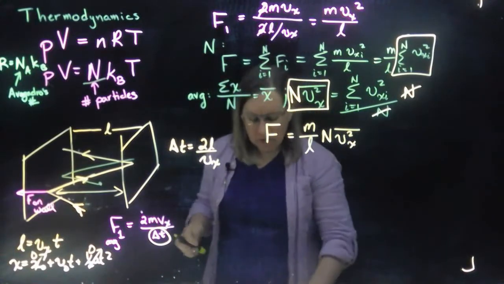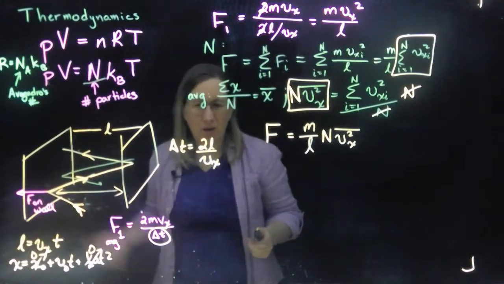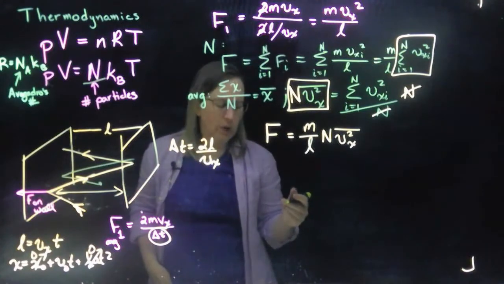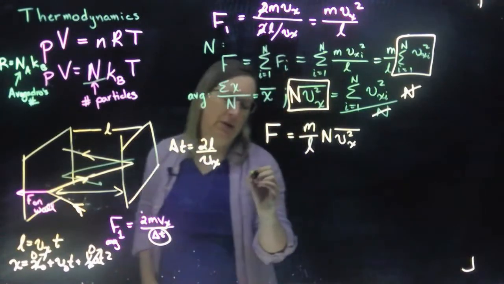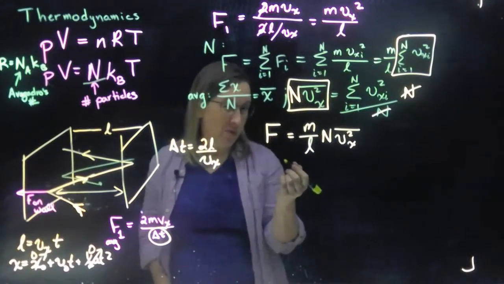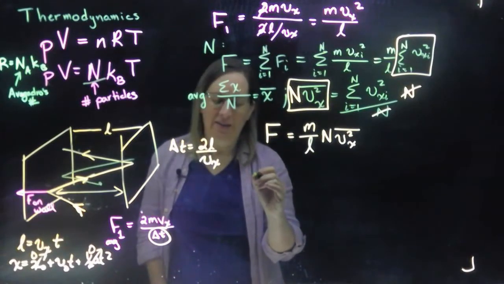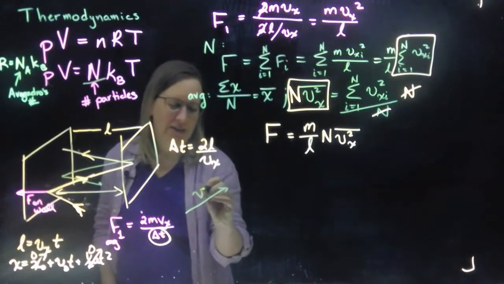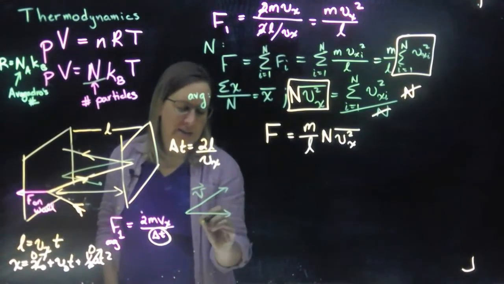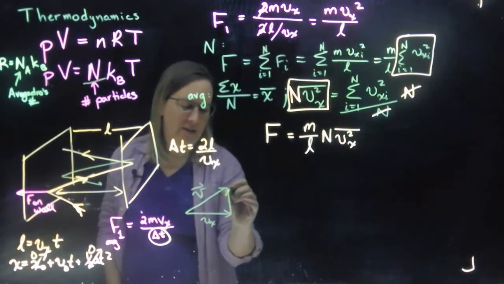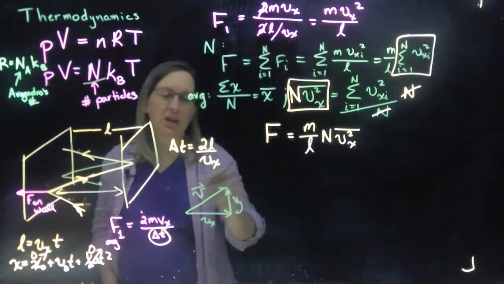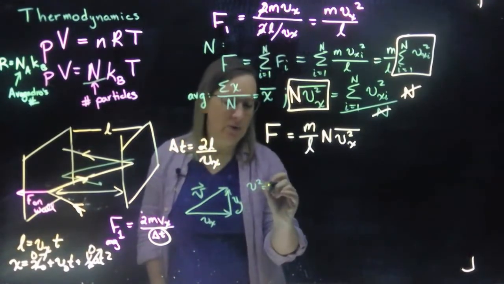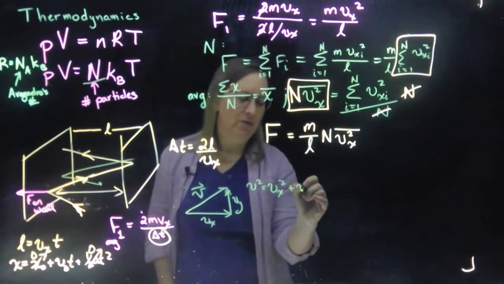Okay, so that's fine. Really though, particles can move in the x, y, and z direction. And maybe you remember from Physics 1 that when we had a velocity vector like this, we had Vx and Vy. That looks vaguely familiar, and we could use a Pythagorean relationship that said v squared, the magnitude of this squared, equals Vx squared plus Vy squared.